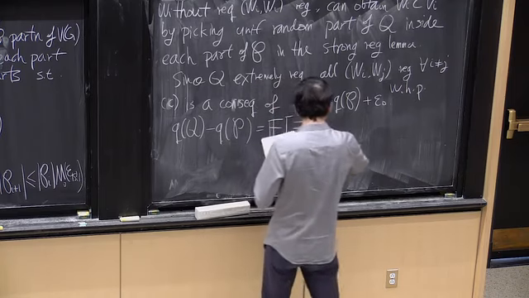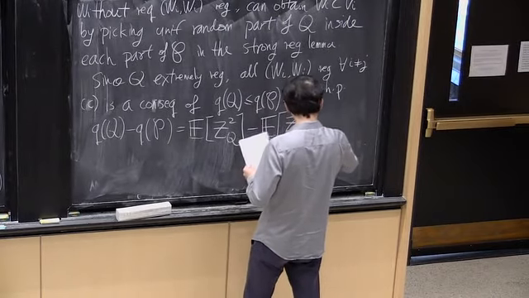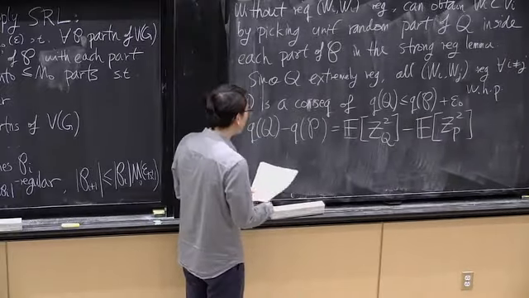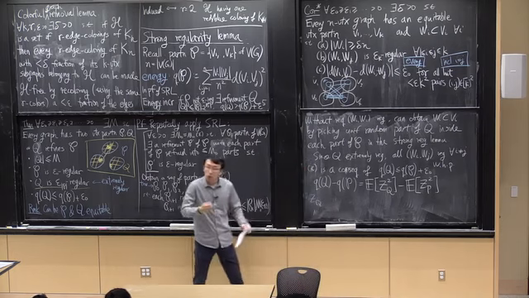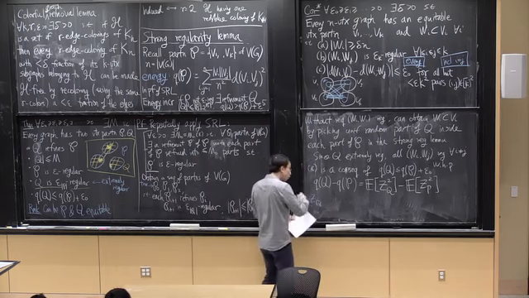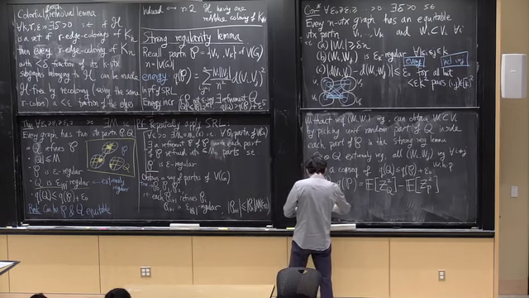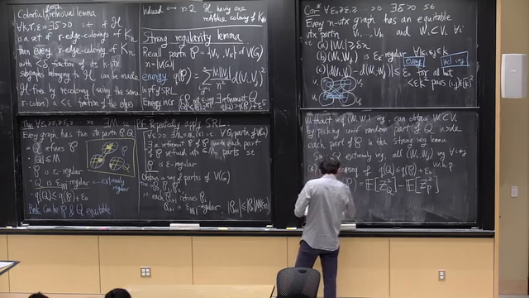And using that interpretation, I can write down this expression like that, where here, assuming for simplicity that Q is completely equitable, so all the parts have exactly the same size, Z of Q is defined to be the edge density between Vi and Vj for random ij.